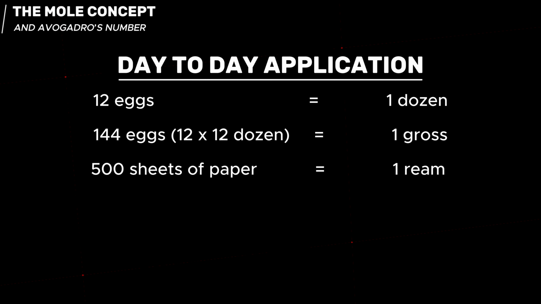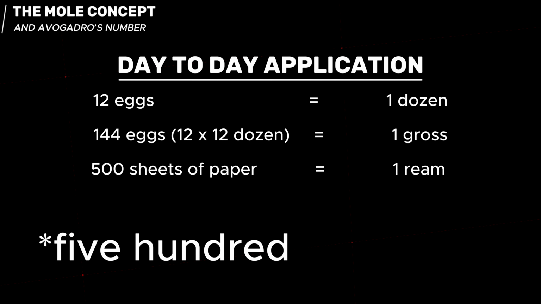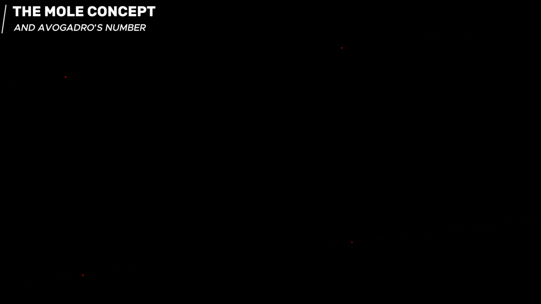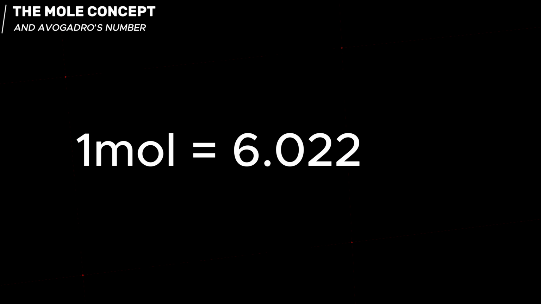Then when you have 12 dozen, 12 times 12, that's 144, and it's referred to as 1 gross. When you have 5 sheets of paper, you call it 1 rim. So in the same way, chemists adopt the convention that 1 mole of any substance is equal to 6.02 times 10 raised to the power 23 particles.